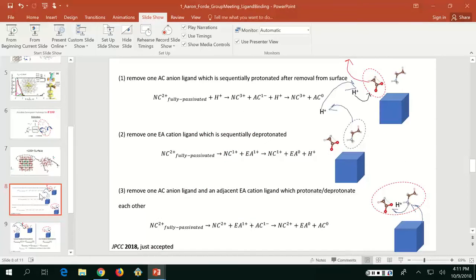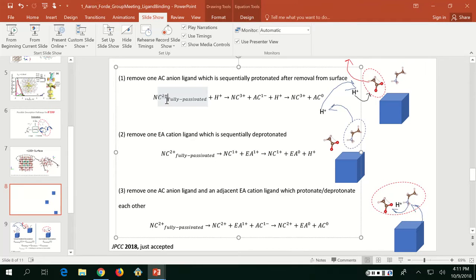And so these are just chemical equations representing each of the three calculations I did. The first scenario is removing one of the acetate anions from the surface. So I start with a fully passivated crystal plus the proton that's just hanging out in the background, which I'll include in a little bit.